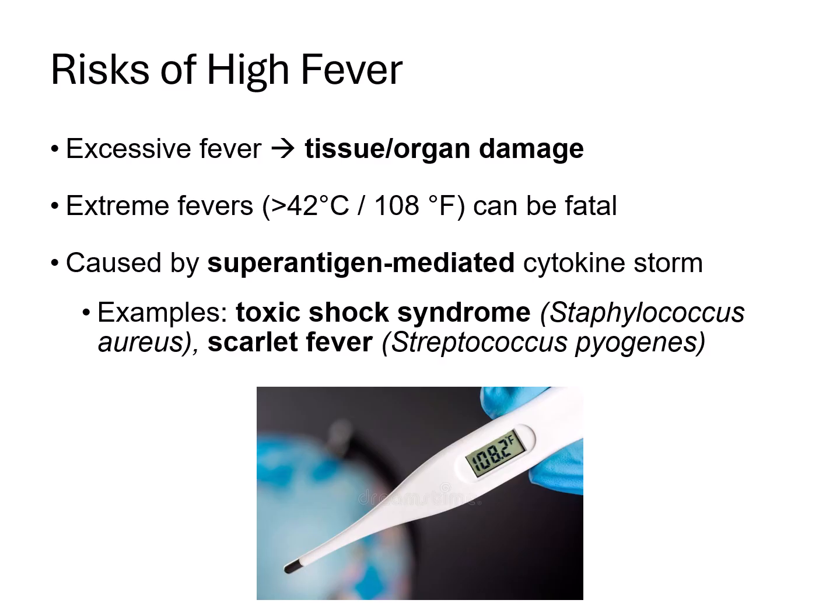While fever can be beneficial, extremely high fevers can be dangerous. Temperatures above 42 degrees Celsius or 108 degrees Fahrenheit can cause organ damage or be fatal. Here we're reaching temperatures where we start seeing protein denaturation or loss of membrane structure or DNA or RNA integrity.